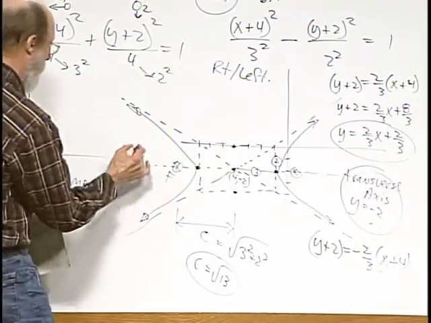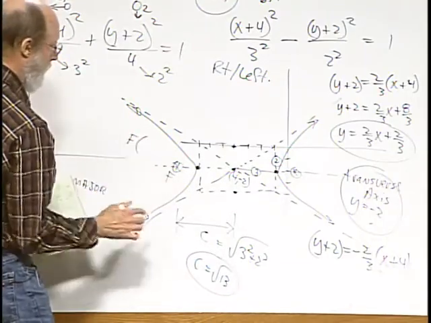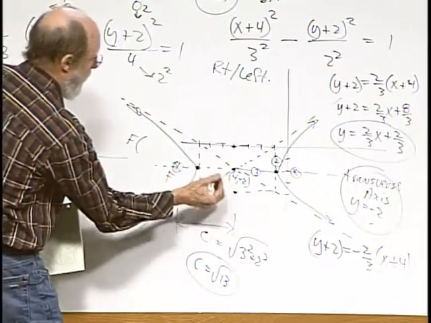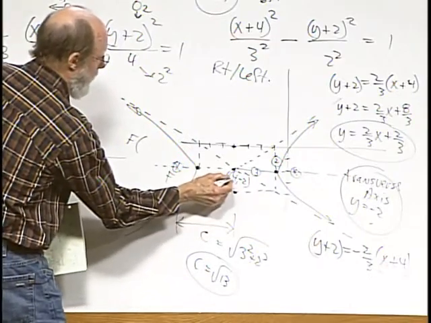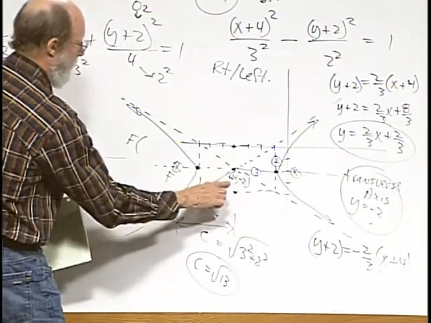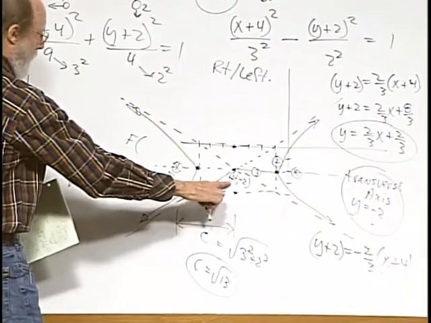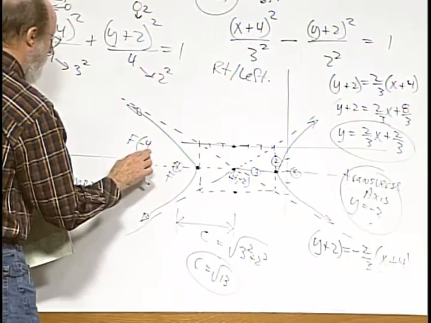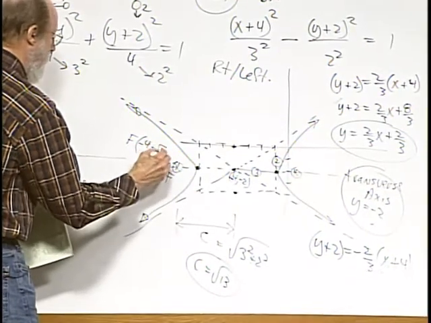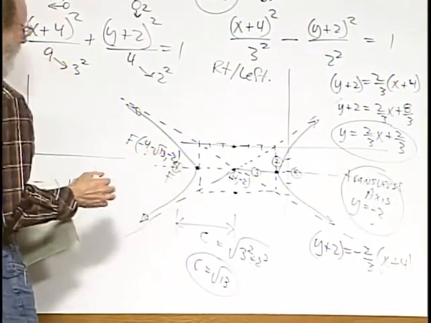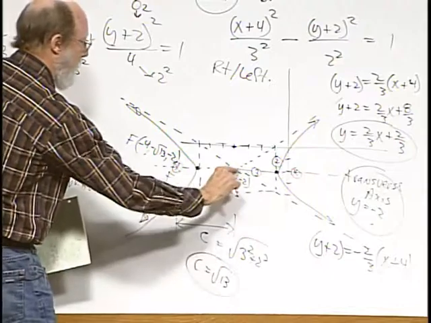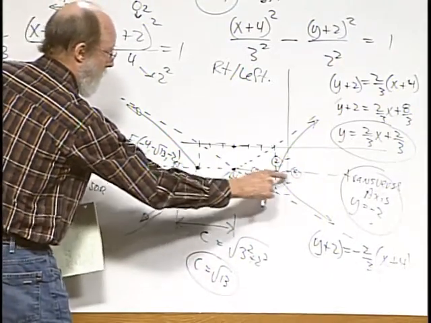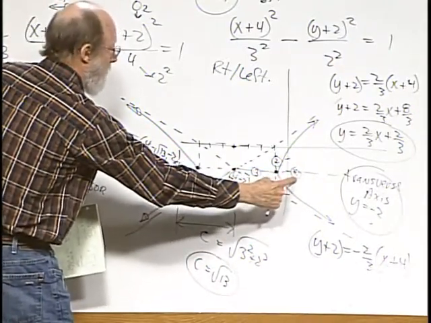This left focus point over here is going to be located, notice, this is labeled negative 4 right here. I had that wrong on the picture. It's negative 4 minus square root of 13, comma, negative 2. And the other one is going to be at negative 4 plus square root of 13.